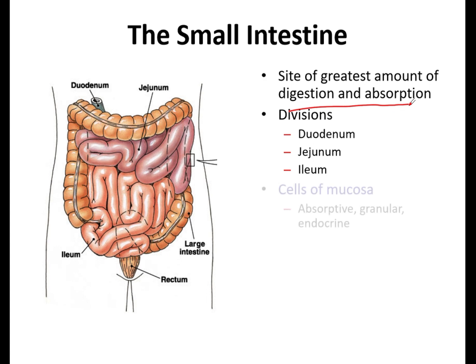Next, the cells of the mucosa are absorptive, granular, and also endocrine. So this one is the duodenum part, this is the jejunum part, and this is the ileum part. So these are the three parts of the small intestine, right?